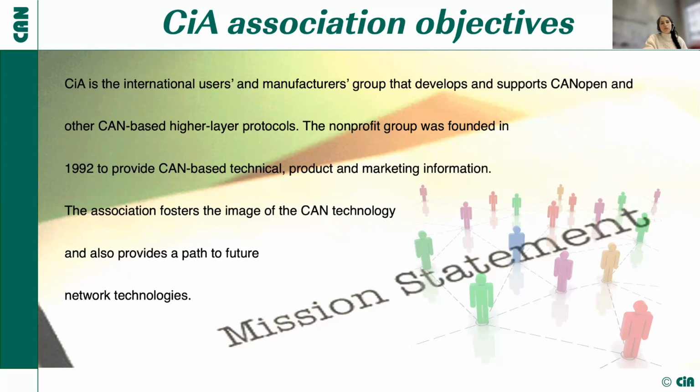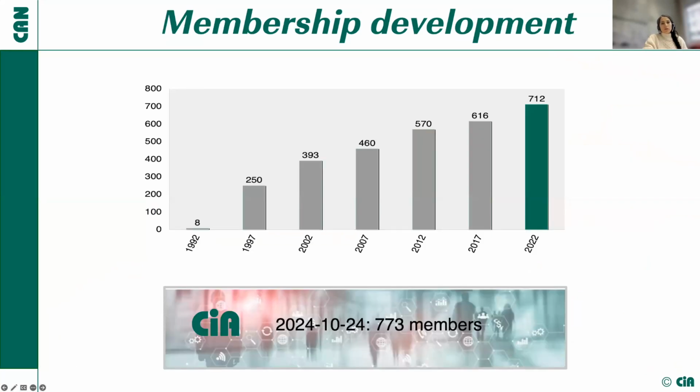This non-profit group was founded in 1992 to provide CAN-based technical product and marketing information. CiA is developing CAN in different aspects: CAN FD, CAN XL, and other CAN technologies. Until now, CAN in Automation as a non-profit organization has more than 770 members worldwide this year.